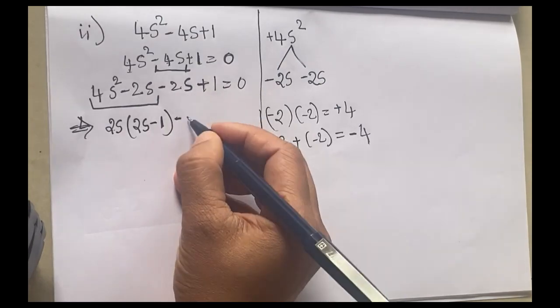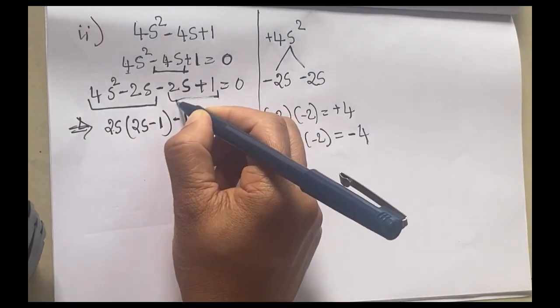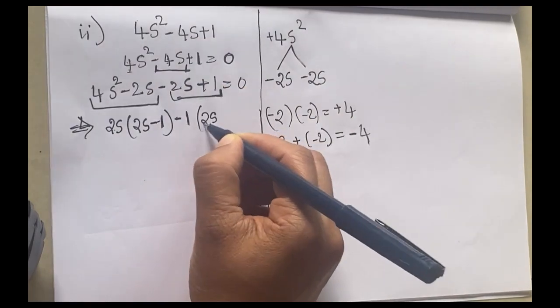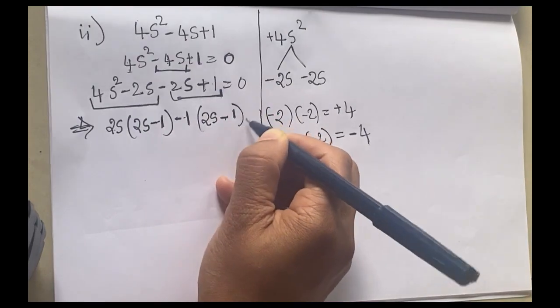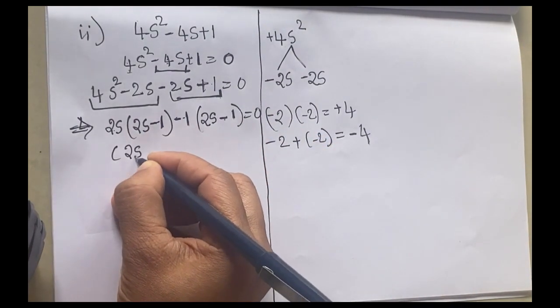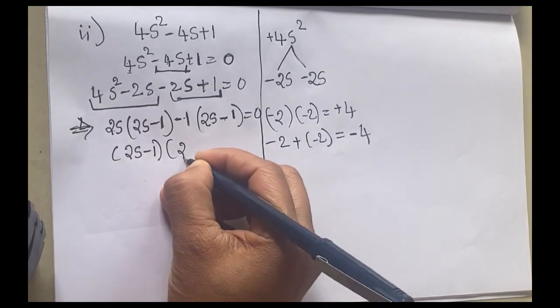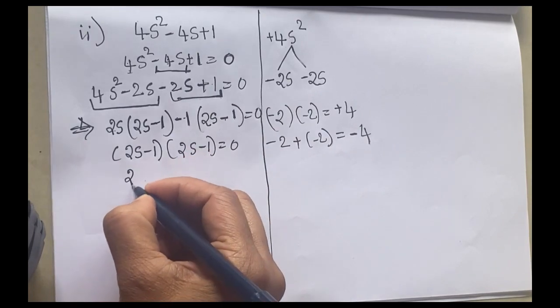From the other two terms, minus 1 is common. Minus 1 into 2s is minus 2s. Minus 1 into minus 1 is plus 1. So we get 2s minus 1 into 2s minus 1 is equal to 0.